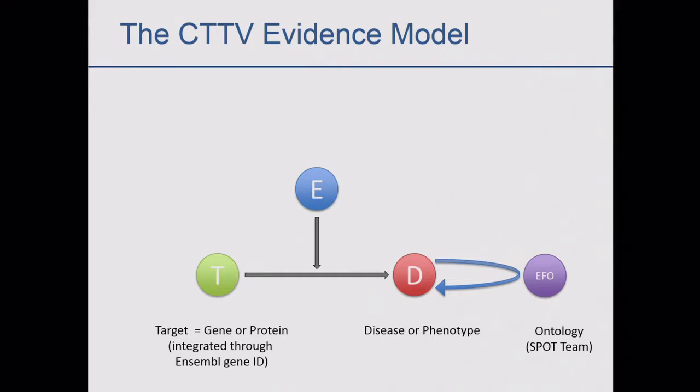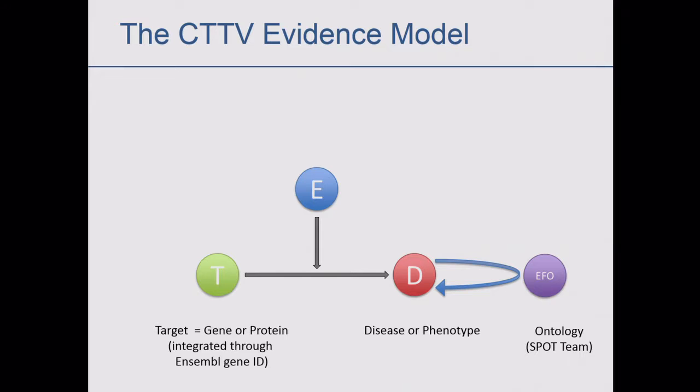So underneath the platform, the philosophy is really, can we provide a summary of the evidence that relates a target to a disease or phenotype? And it's this very simple model of what is the evidence that is saying that this is associated with this phenotype. We describe the targets using the standard kinds of gene nomenclature, Ensembl IDs.